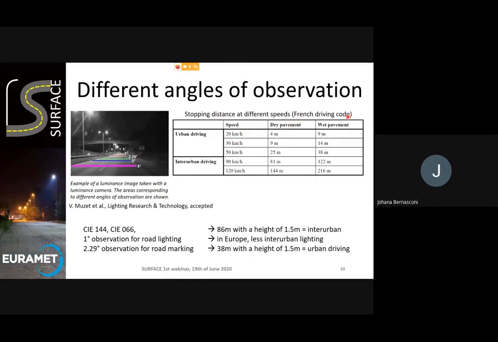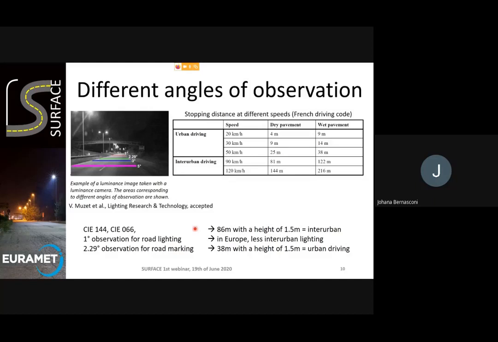It's quite similar to the one we have in Switzerland. And so you have that distance of 86 meters corresponds to about 90 kilometers per hour. So this means it's more interurban driving. And one point to consider is that in Europe, there's always less interurban lighting apart in the tunnel.